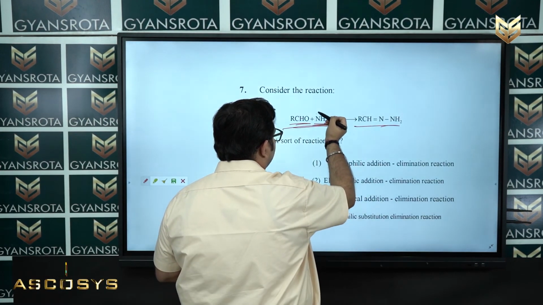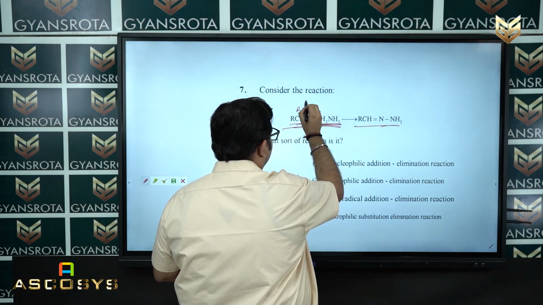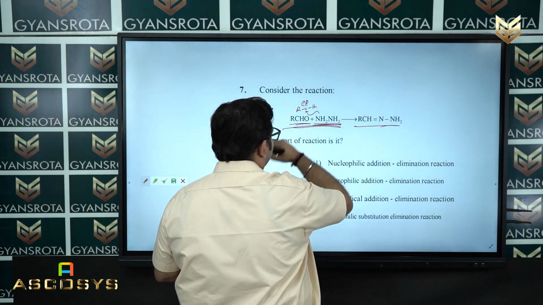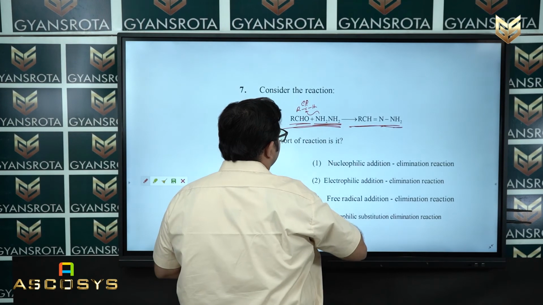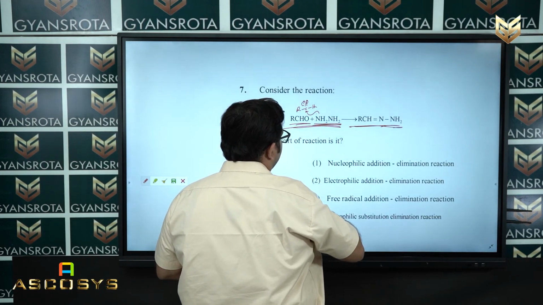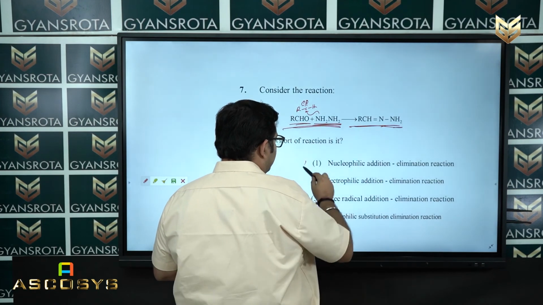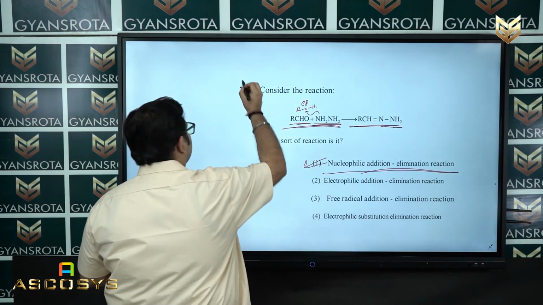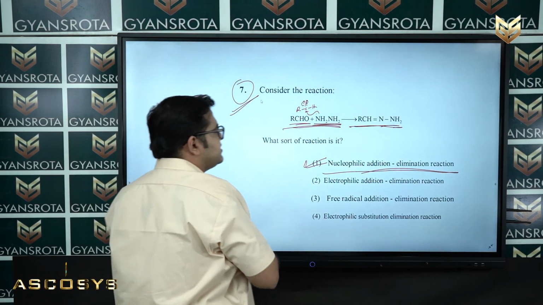Because this is a nucleophile, it will attack on this position, like R C double bond O H, this one will attack here, this one will go on this side along with OH, and you will get this product. So first it is a nucleophilic addition, then an elimination reaction takes place. Now, only one option is given as nucleophilic addition and elimination reaction, so option number 1 is the correct answer of question number 7.